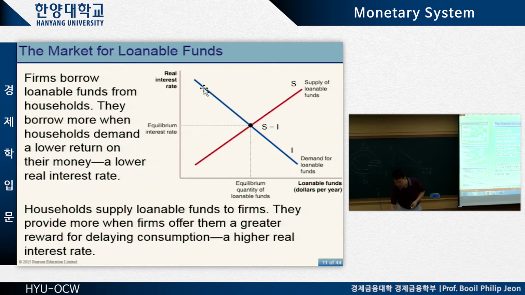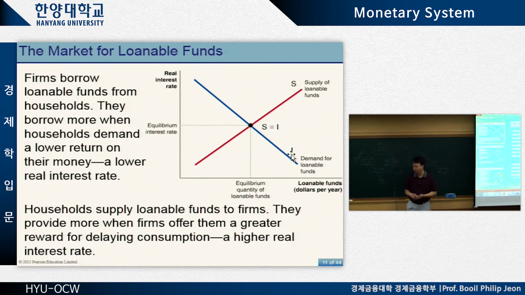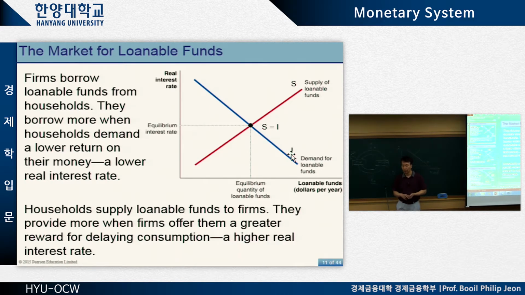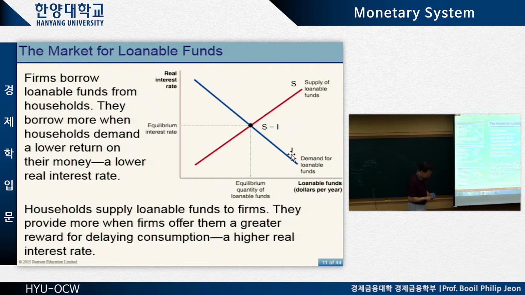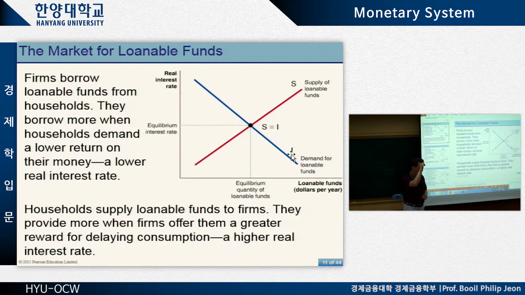How about the demand curve? Who are the demanders of this loanable fund? Mostly businesses. In introductory economics, we just assume that most of the demanders are businesses.